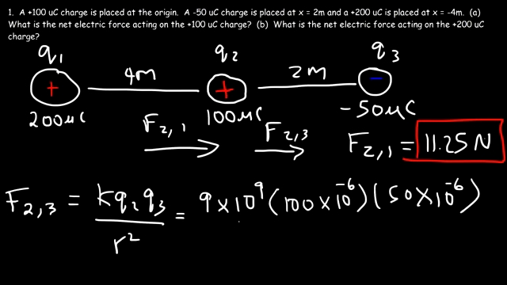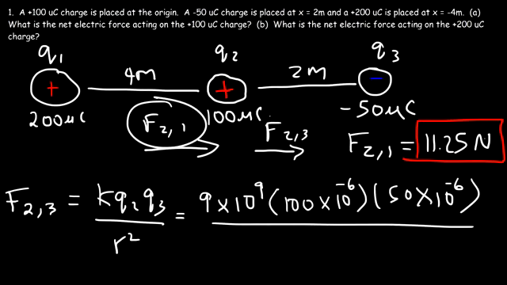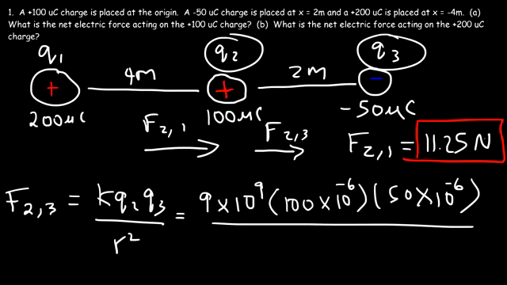Don't worry about the negative sign. These two forces are positive because they're both directed along the positive x direction. So you can adjust the sign based on the direction of the force. Now R, the distance between Q2 and Q3, is 2 meters. So we're going to divide it by 2 squared.